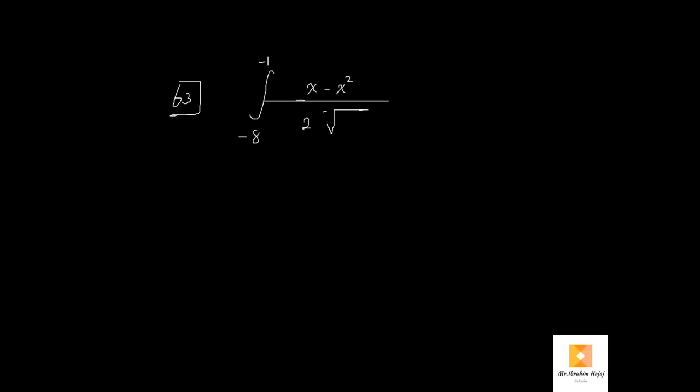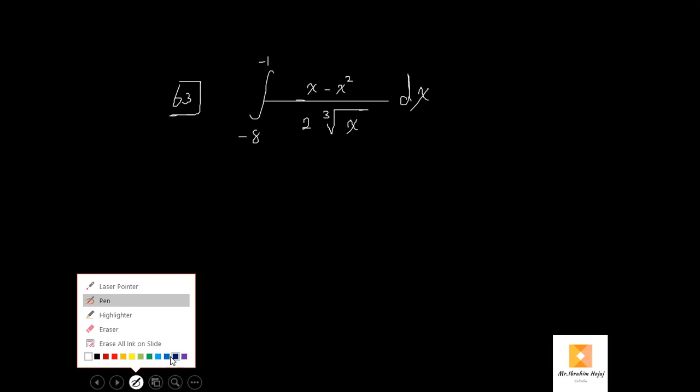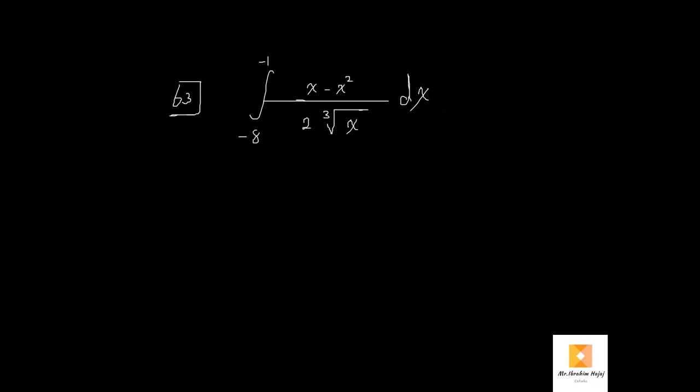dx. Okay, first of all take x from the numerator as a common factor. It will be 1 minus x over 2 times x to the power of 1 over 3.